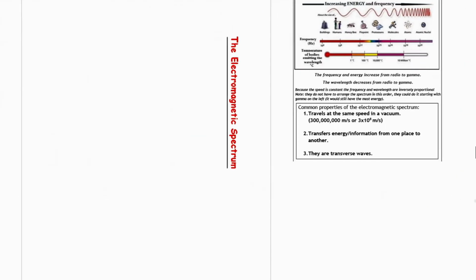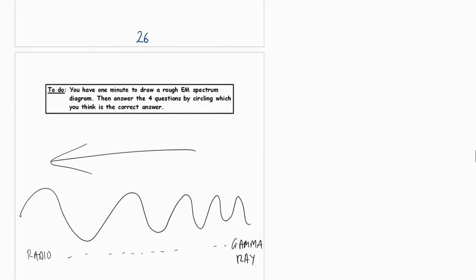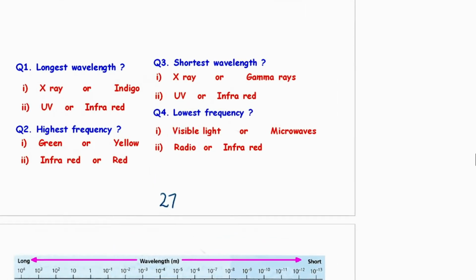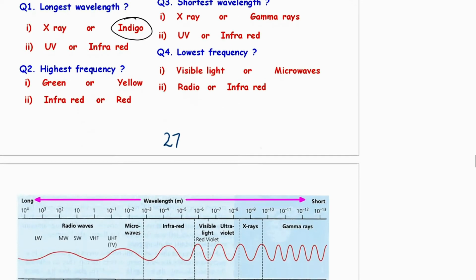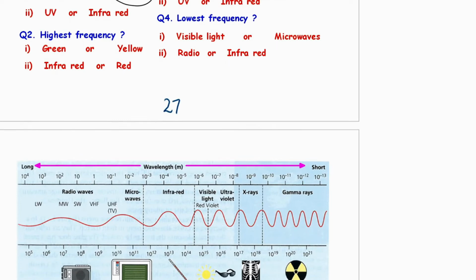So indigo would have the longest wavelength. Ultraviolet or infrared. I can look at this one underneath here. You can see long wavelength that way. Therefore, ultraviolet has got a shorter wavelength than infrared. So infrared would be the answer.